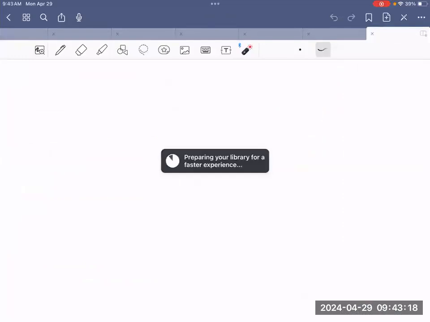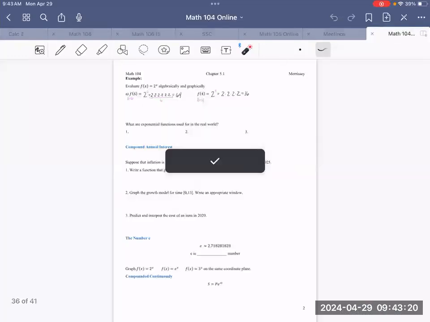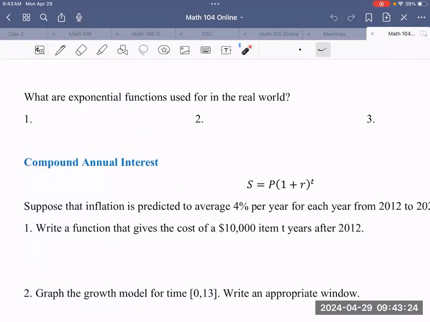Now, what are exponential functions used for in the real world? So see if you can come up with some ideas on what exponentials are really useful for.